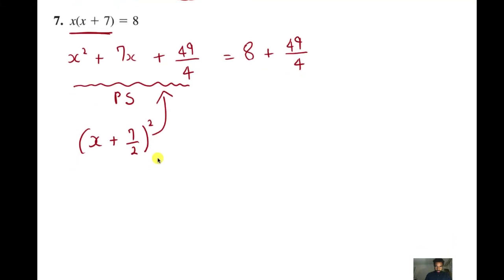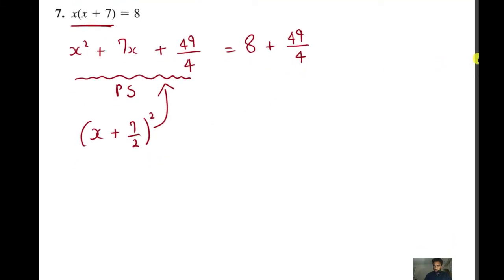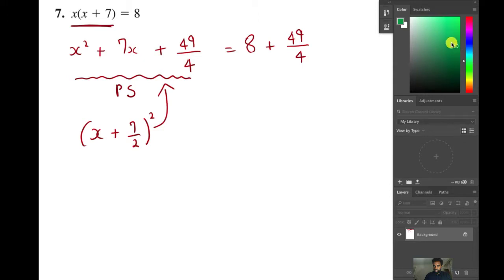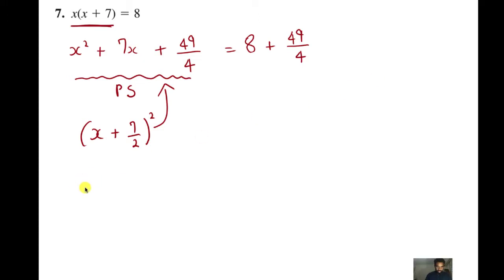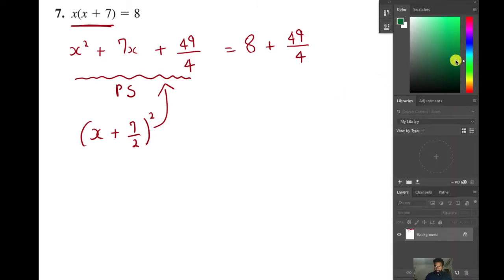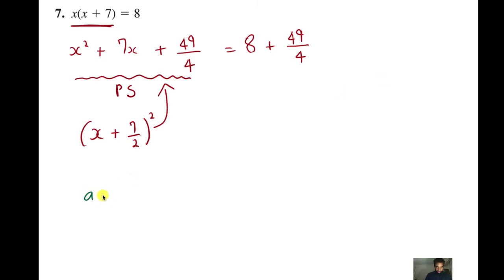And if you don't believe me, let's go over the identity, which by now I expect you to know. Why are you giving me a black color? I asked for green. (a plus b) all squared is equal to a squared plus 2ab plus b squared. Okay?